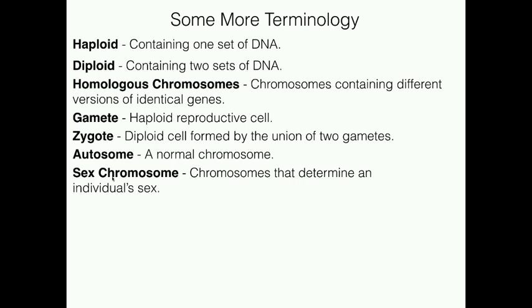If you have an X and a Y chromosome, typically your body develops male, although again, there are some things that can affect that. The X and Y chromosome are not homologous to each other, although 2 X chromosomes would be homologous to each other.